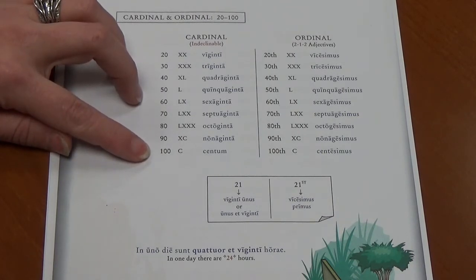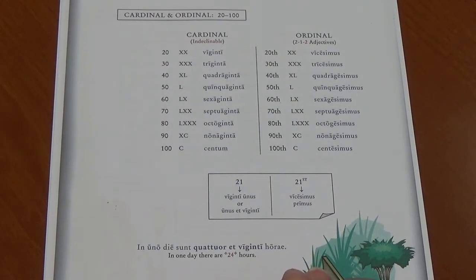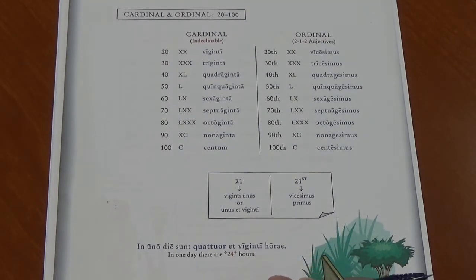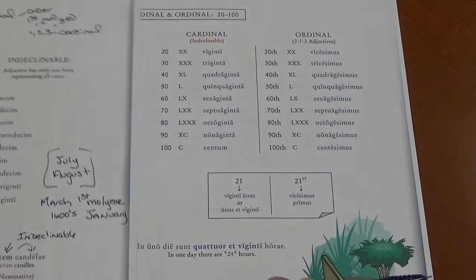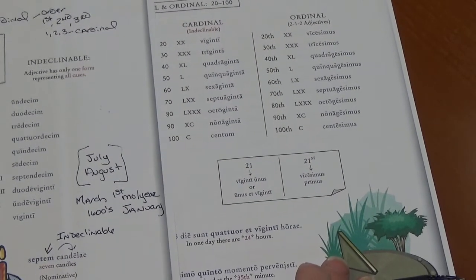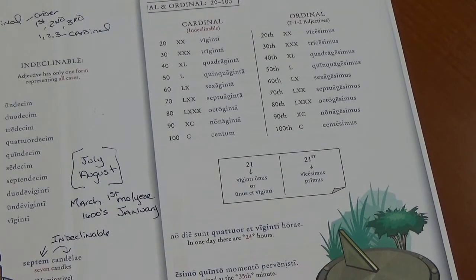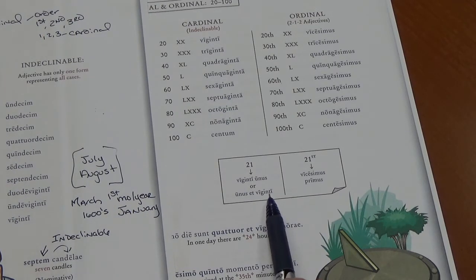But how do we actually count? Viginti unus, or unus et viginti, as opposed to undeviginti. So you can imagine, we'll start counting over again.